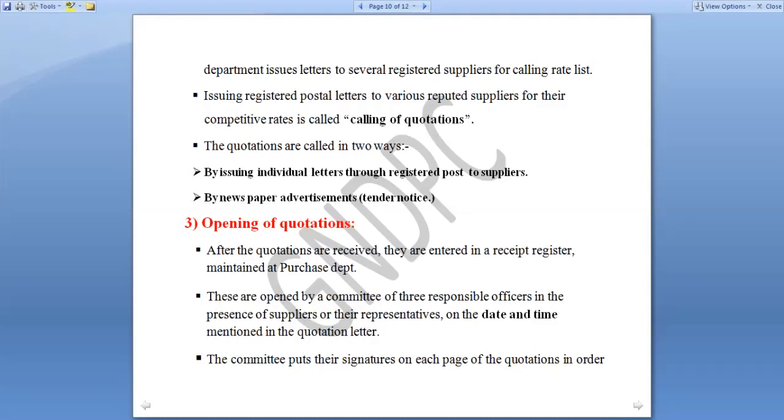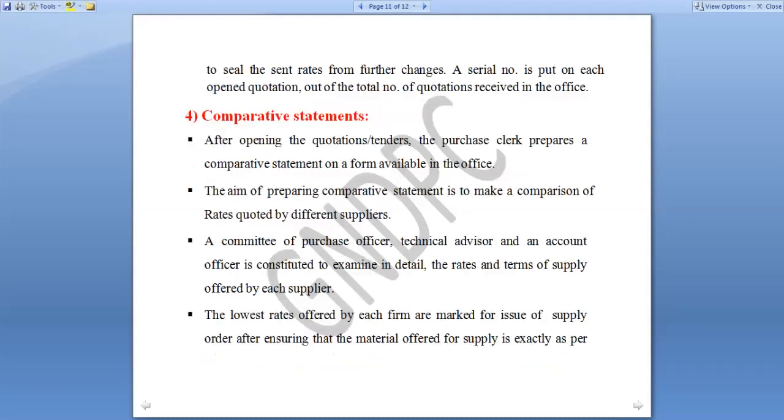The committee puts their signatures on each page of the quotations in order to seal the quoted rates from further changes. A serial number is also put on each of the quotations while opening, say 1 by 7, which means the first quotation opened out of the 7 quotations.